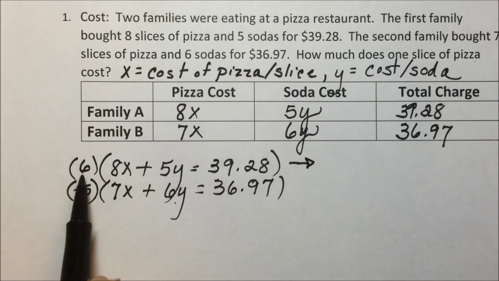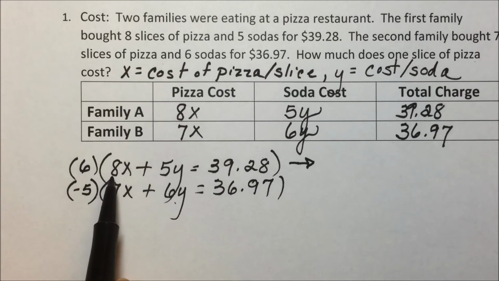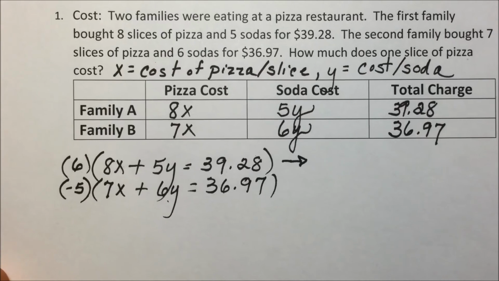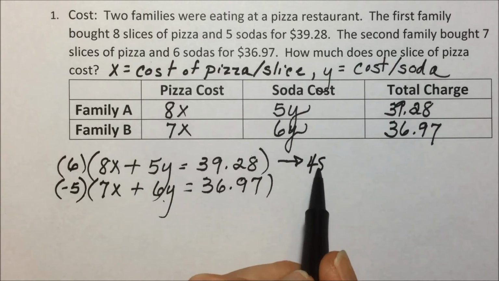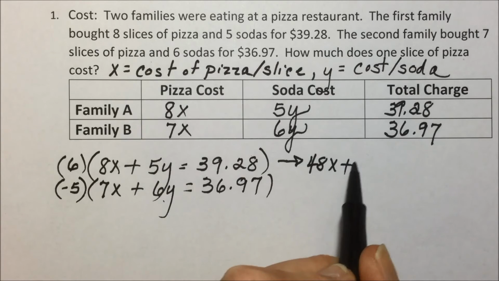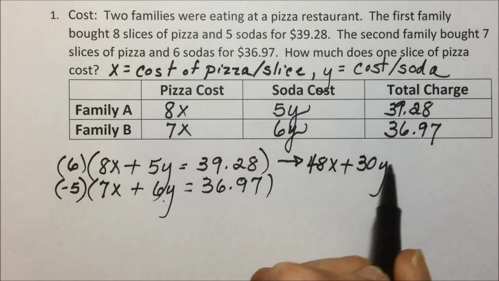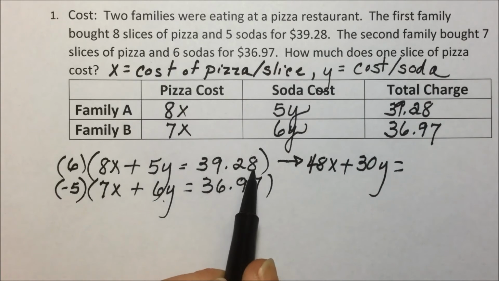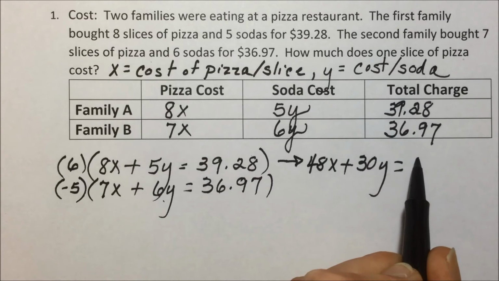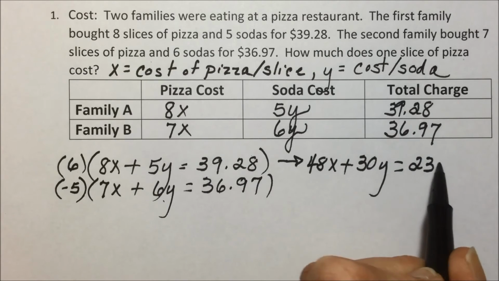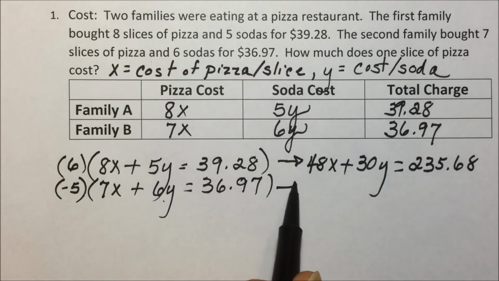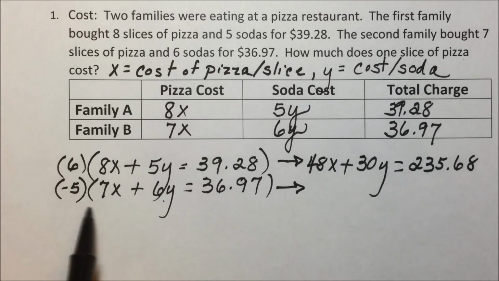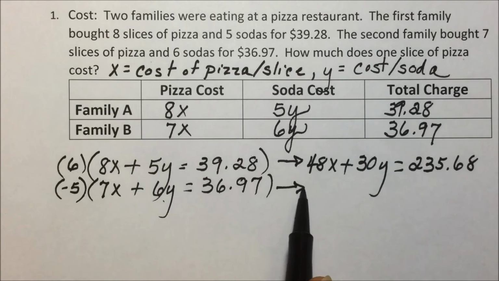So maintaining equality, every term needs to be multiplied by 6, which will give us, in this first equation, 48x plus 30y is equal to 6 times $39.28, which turns out to be $235.68. The second equation will multiply every term by 5 to maintain equality.